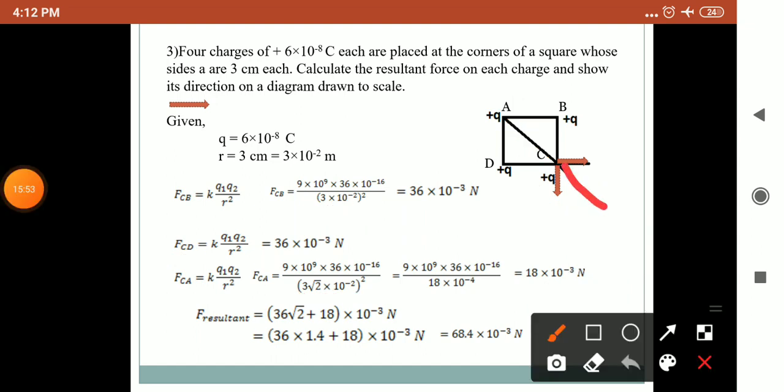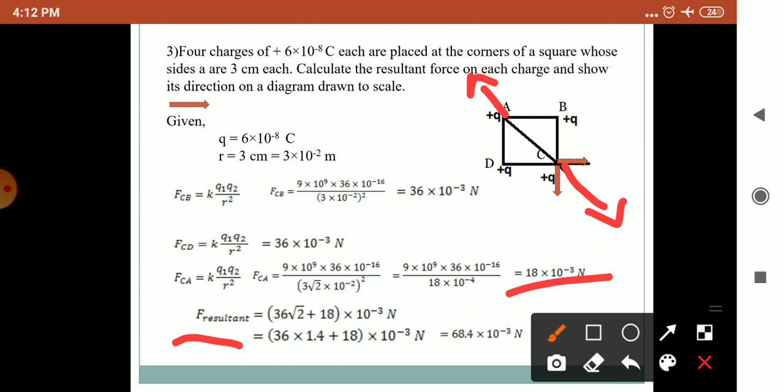As they will repel each other, this will be along this side. Then this resultant force can be written as 36 root 2 plus 18 into 10 raised to minus 3 Newton.